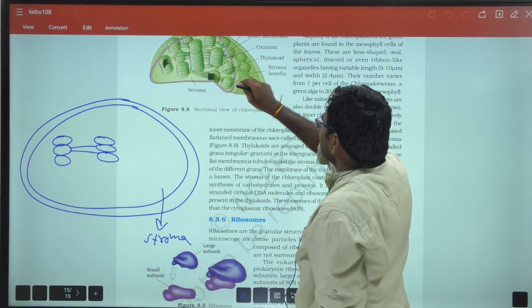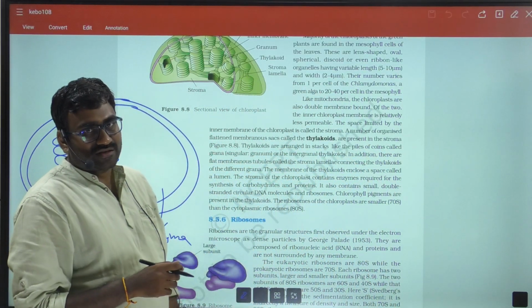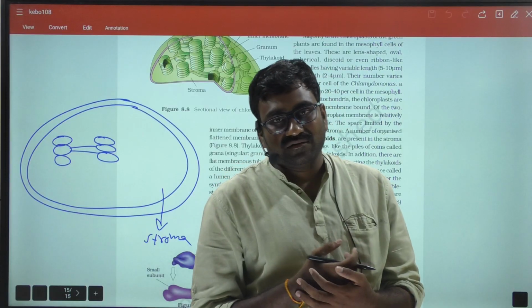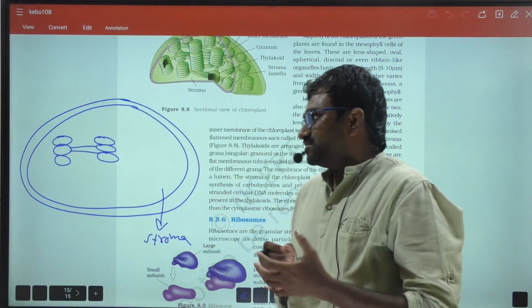This is the stroma, where dark reactions take place. Regarding the chloroplast, we are going to discuss many points in plant physiology.